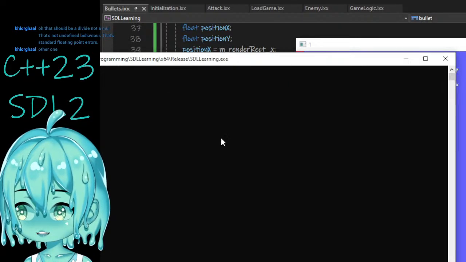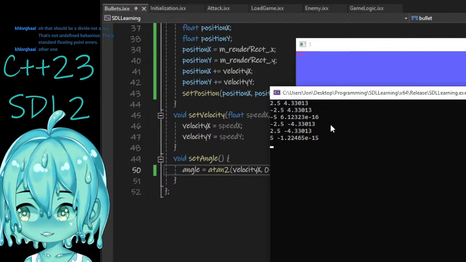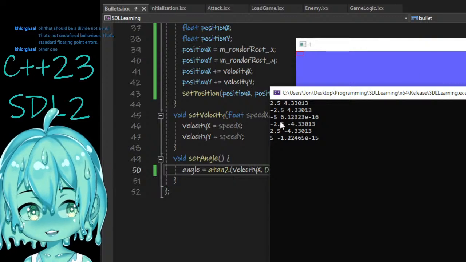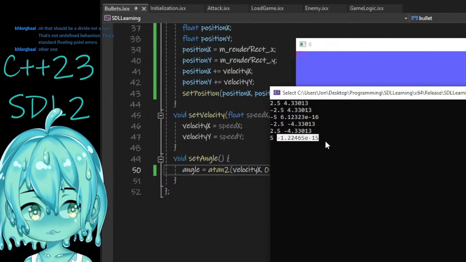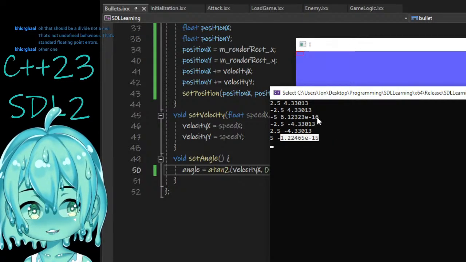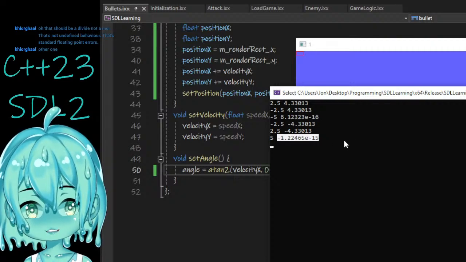That's not undefined behavior. That's standard floating point errors. Well, tomato, tomato. They shouldn't be there. I should account for this whenever we consider, because that's just asking for trouble later, right? I should have it where it's like, if it's equal to 0 or 180 on sine, then don't do this.